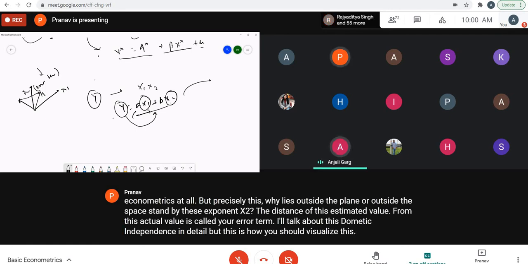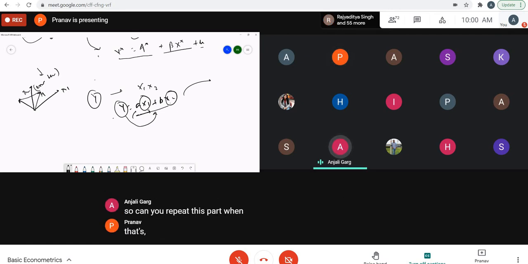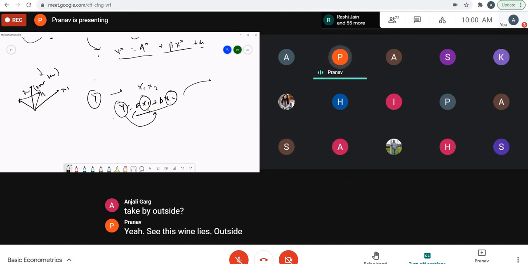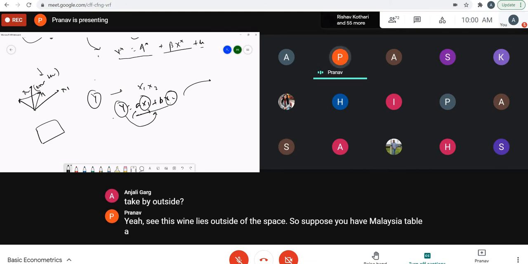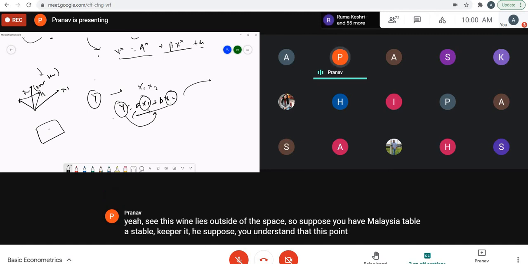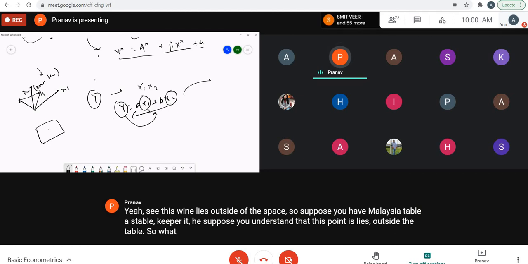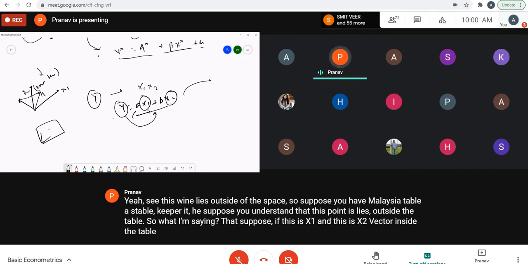Sir, can you repeat this part when we take y outside? Yeah, see, this y lies outside of the space. So suppose you have a table, and above this table, suppose you understand that this point lies outside the table. Suppose this is x1 and this is x2, vectors inside the table, and this is y, which is a linear combination of x1 and x2.